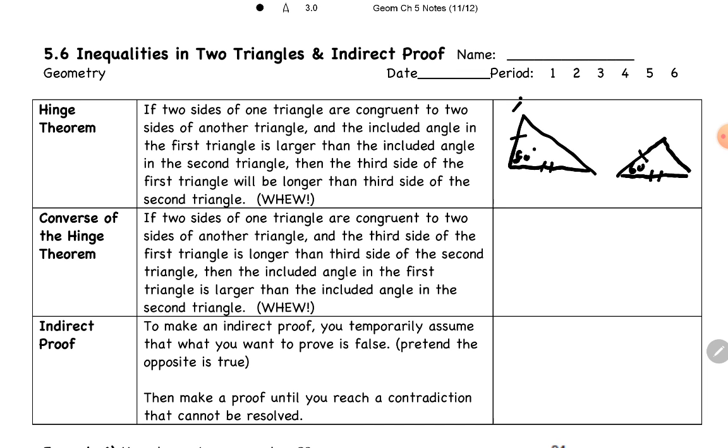So let's call this A, B, C, D, E, F. So AC is bigger than DF.